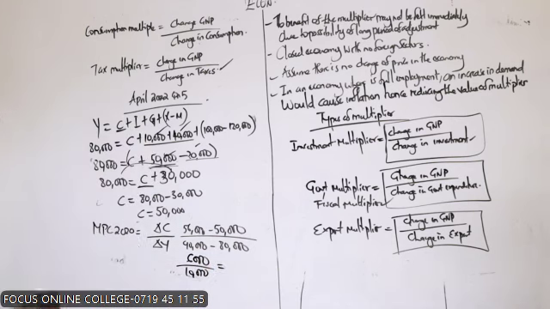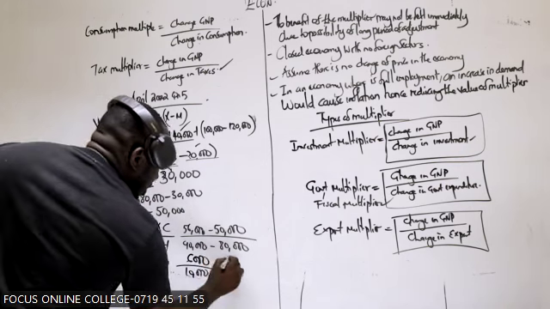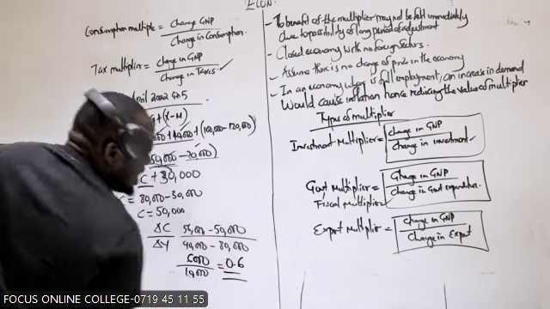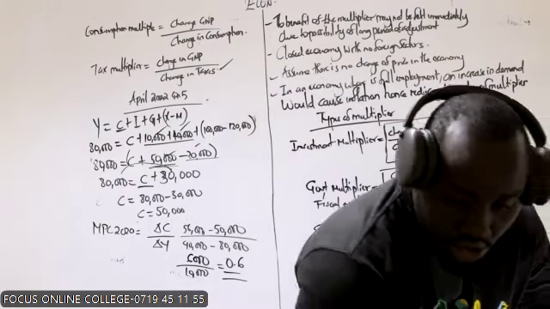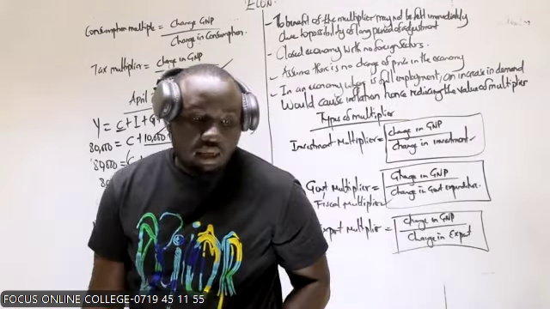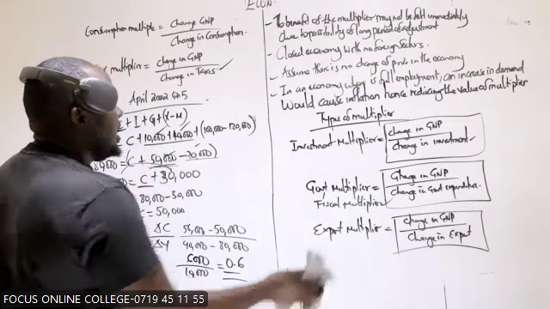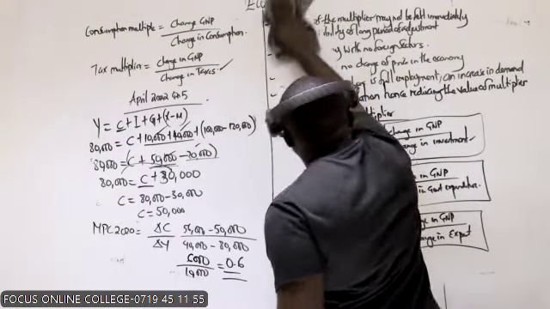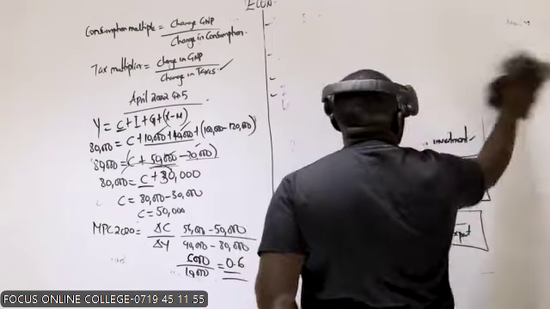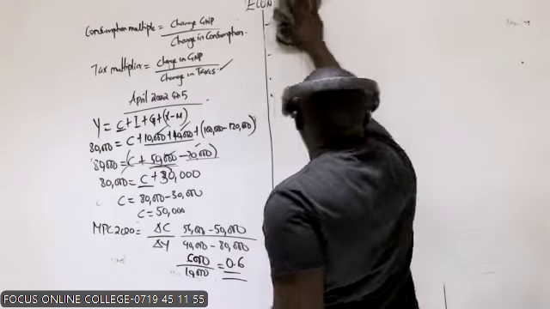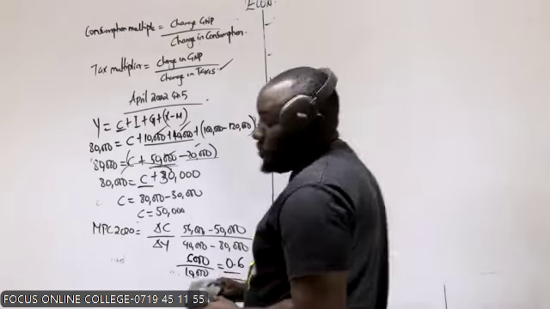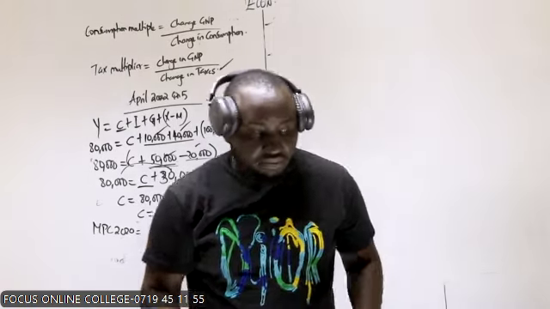So what is that? That should be 0.6. So that is the MPC. That is 0.6. Together, 0.6. If we are together on 0.6, then we respond with a yes. Great.